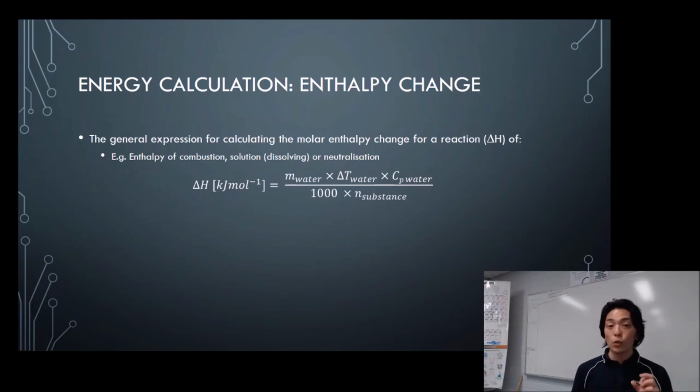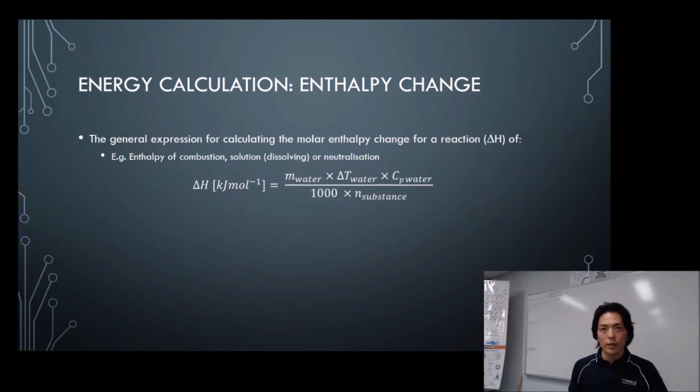We are still using water because this can be used for calorimetry. So mass of water is the same, temperature change of the water is the same, Cp, heat capacity of water, is still the same. But now we are putting it over the number of moles of substance and dividing by 1000 as well. Delta H is in kilojoules, not joules. That's why you are dividing the whole thing by 1000.